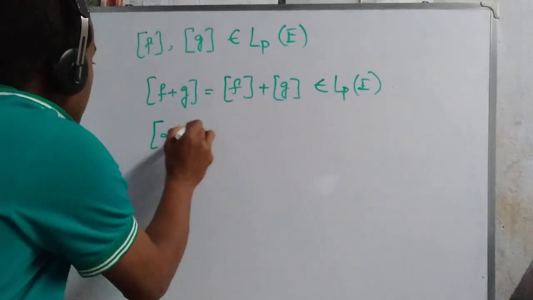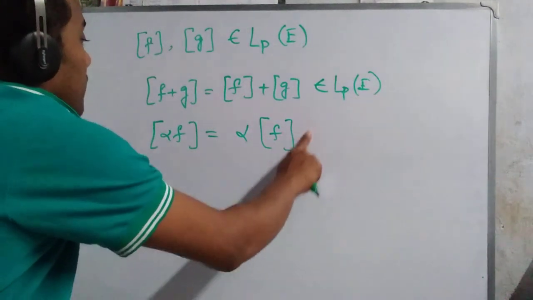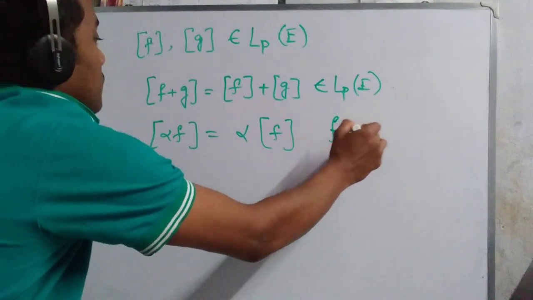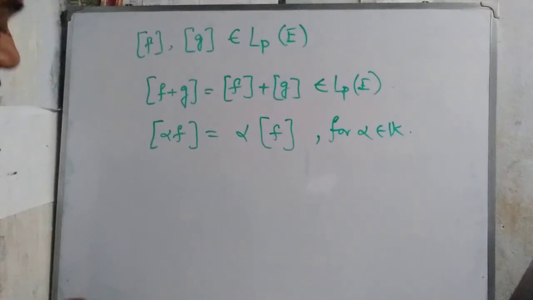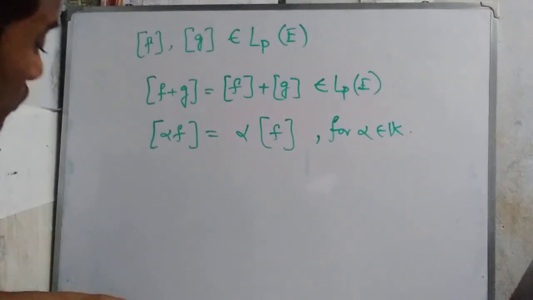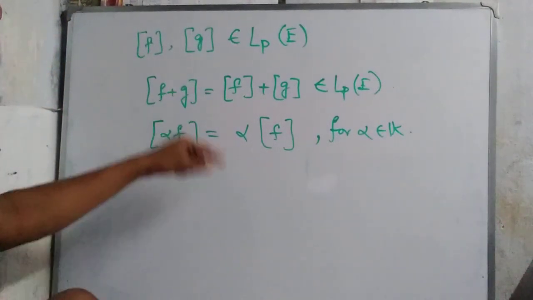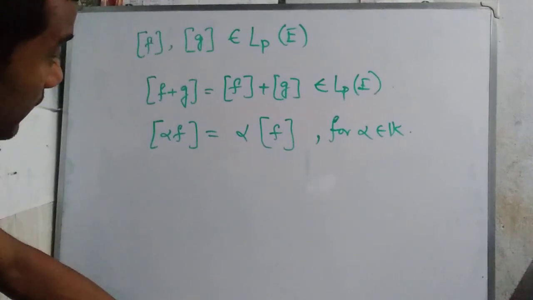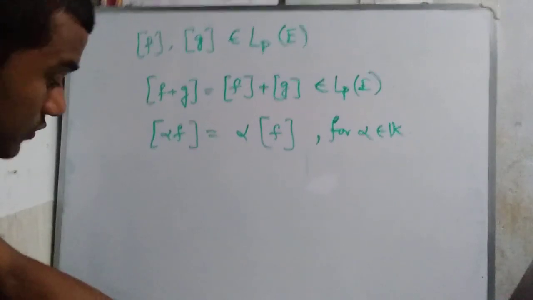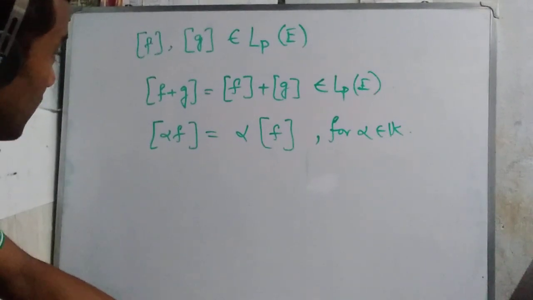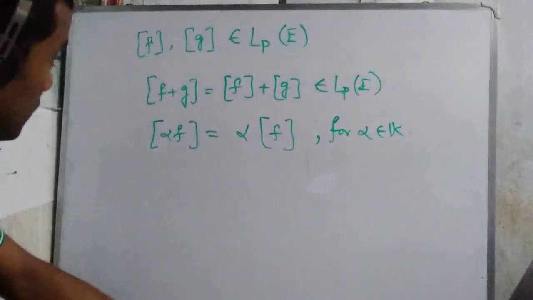Here alpha f, if alpha belongs to R and f belongs to L^p. So how did this happen? You also talk about this one: f plus g equal to h. Here f equal to h1, g equal to h2. Okay, then h equal to obviously h1 plus h2. I understand.